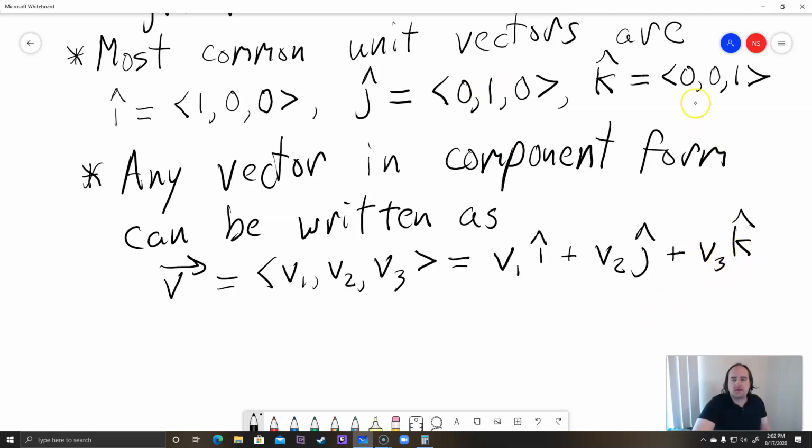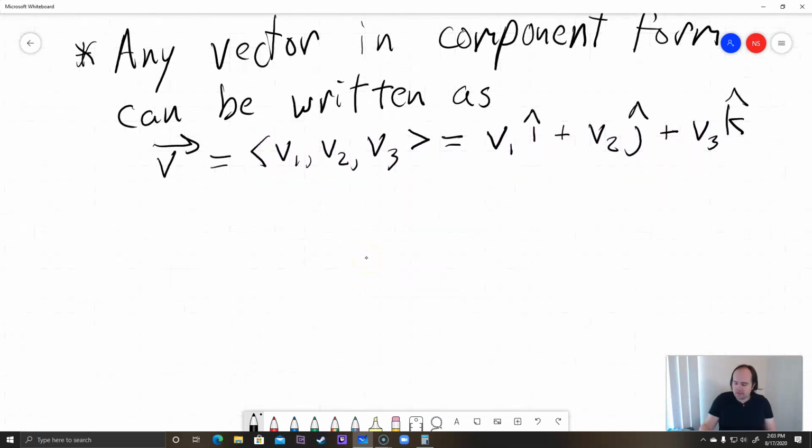And then v3 times k hat is going to give you your third component right there. So it actually does work out. But when you're doing it, it's very easy because it's just in the exact order that it's written for your component form. So your position vector is just going to be v1, v2, v3. Or you can write it as v1i plus v2j plus v3k. And these mean exactly the same thing. So it's two different ways of writing the same thing.